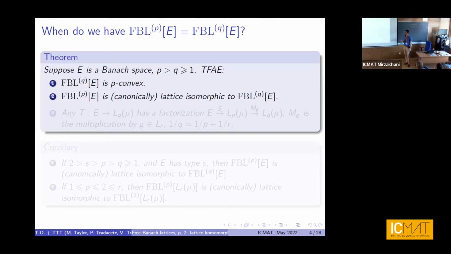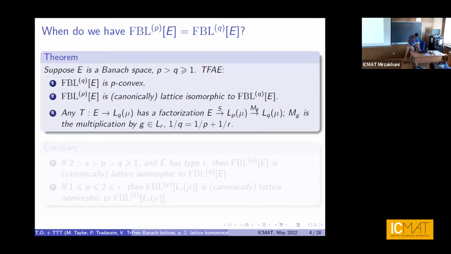So what does canonically mean? Well, there is a copy of E sitting inside of each of those three Banach lattices. So a canonical lattice isomorphism is the one which gives you the identity on E. And the last equivalent condition is a factorization condition.